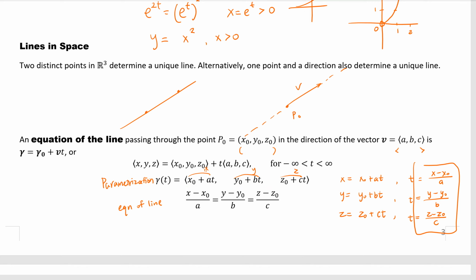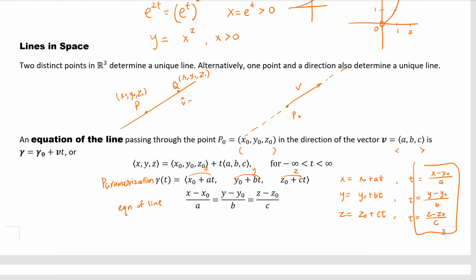So what if they give us 2 points, P and Q? Let's say P is (x0, y0, z0), and Q is (x1, y1, z1).